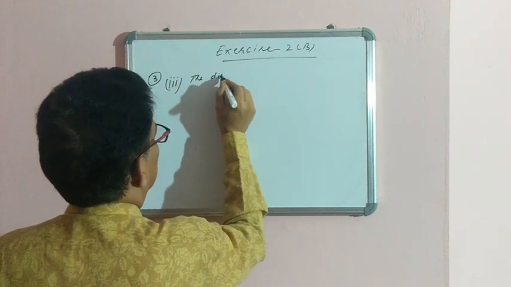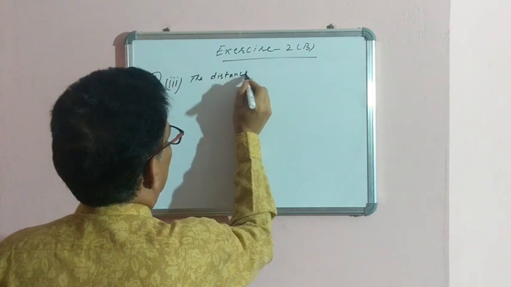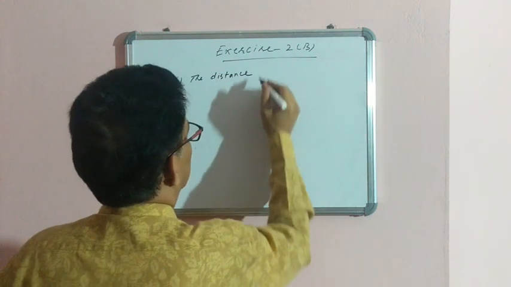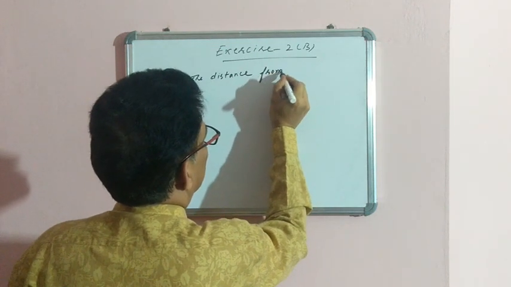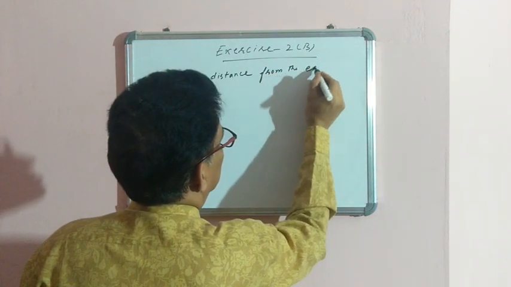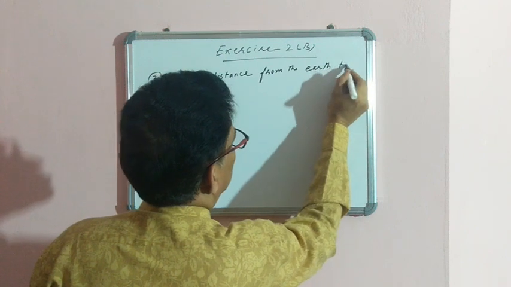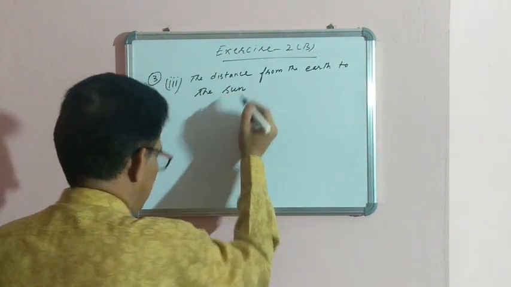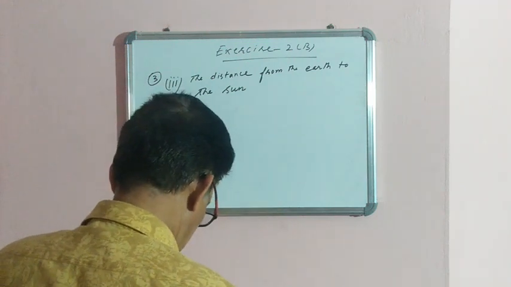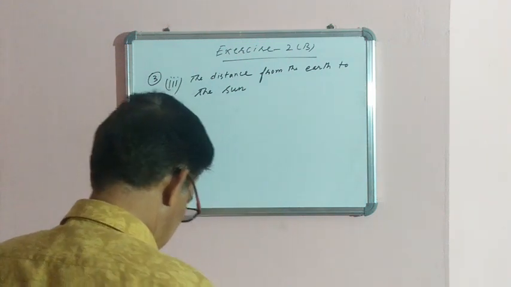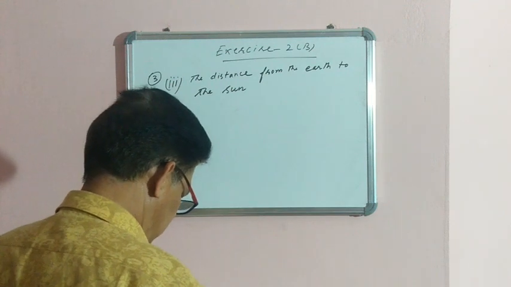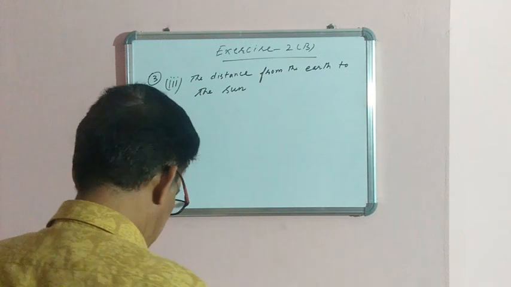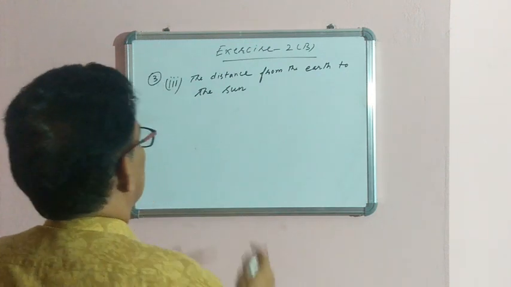The distance from the Earth to the Sun is given: 1496, then 8 zeros, meter. We have to write this in standard form.